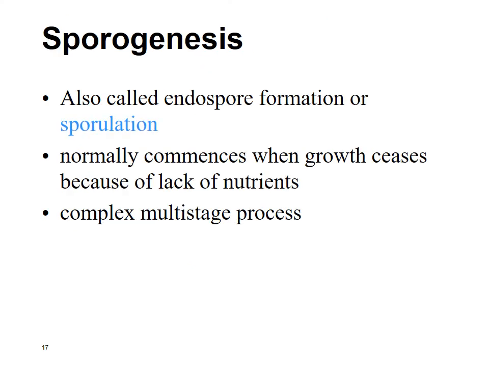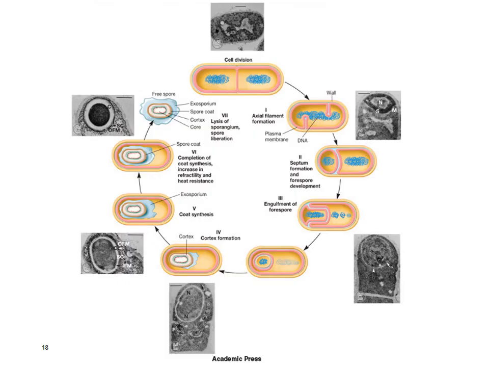Endospore formation, also called sporogenesis or sporulation, normally commences when growth of the bacterium ceases due to lack of nutrients. It's quite a complex process, and it may be divided into 7 stages. Let's now take a look at the 7 stages of endospore formation.